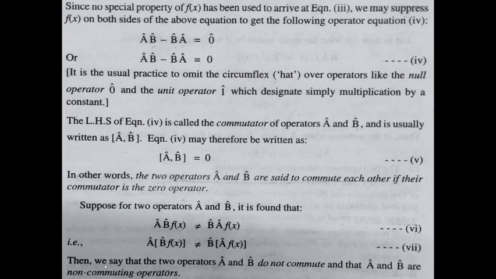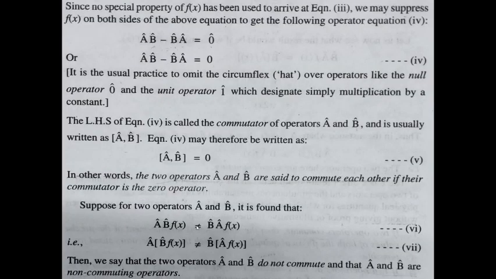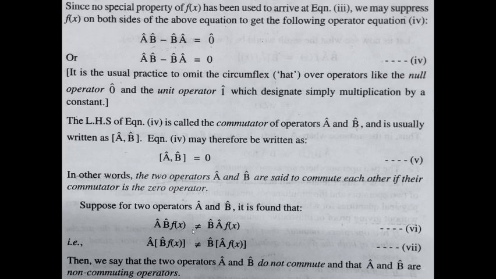And suppose we take another way of equation 1. Equation 1 is this one. Just look at equation 1, and then equation 6 we have written as A hat B hat f(x) not equal to B hat A hat f(x). Here we have written equal, and in this case we have written unequal. These two are not equal.